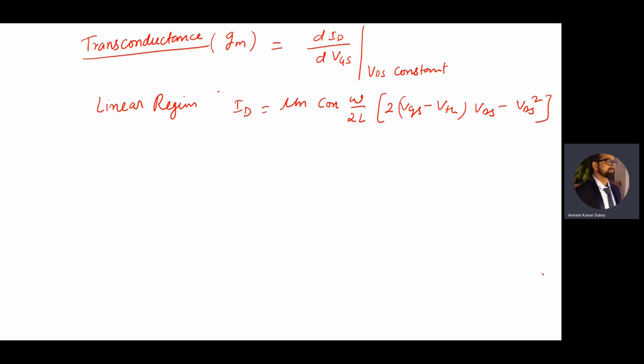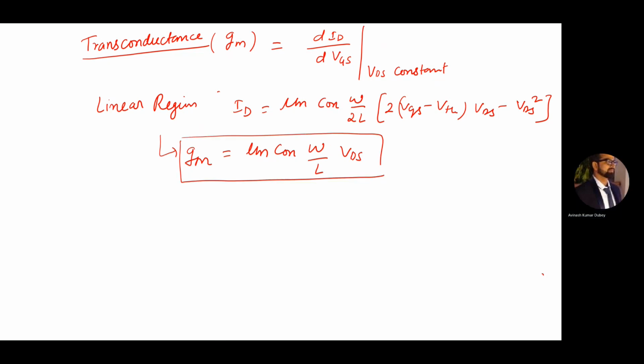Okay, so when you differentiate the ID with respect to VGS, we will find the transconductance. So in the linear region, the transconductance gm will be given by, just differentiating the ID with respect to VGS, with VDS constant, mu_n COX W by L. Okay, 2 and 2 will be cancelled out, only the VDS will remain here. So this is the transconductance in the linear region.